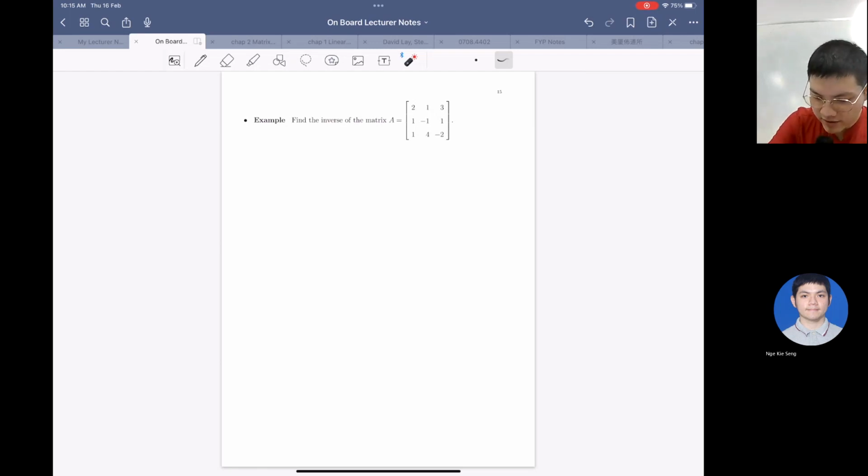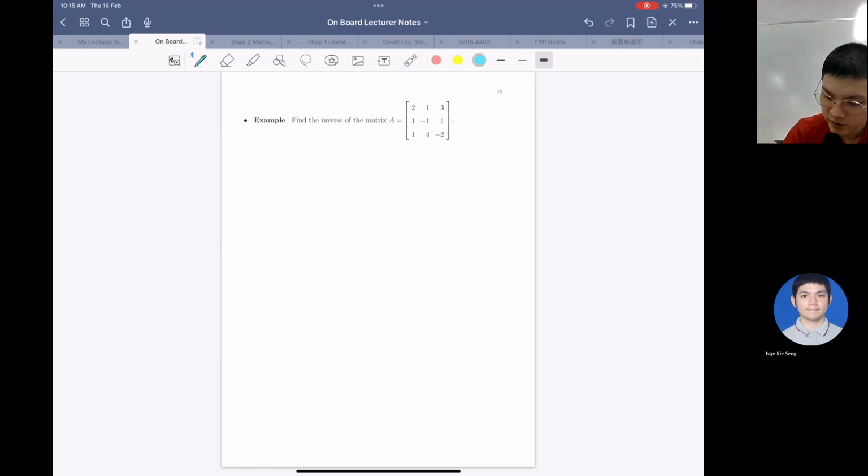Find the inverse of the matrix. Before finding the inverse, we need to check whether this matrix is invertible or not first, before we dive into computing it.